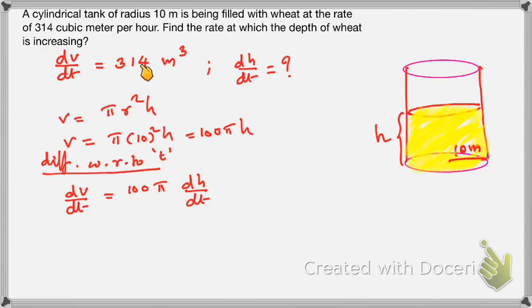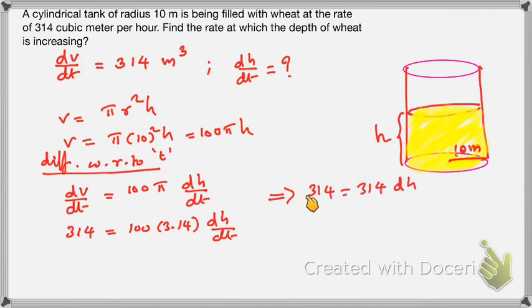So I will replace dV by dt by 314 now. So 314 is equal to 100 into pi, which is 3.14, into dh by dt. And then I solve for dh by dt. So dh by dt will be 314 by 314, which is 1 meter per hour.